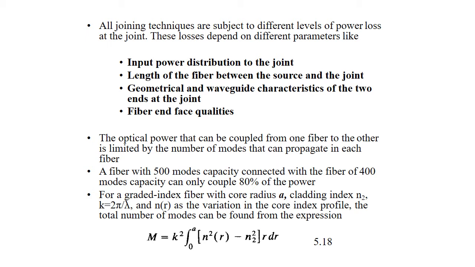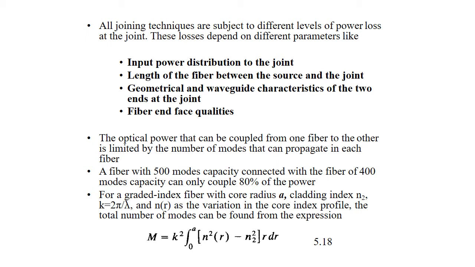These losses depend on different parameters like input power distribution at the joint, length of the fiber between the optical source and the joint, geometrical and waveguide characteristics of the two fiber ends at the joint, and fiber end face qualities. So the optical power coupled from one fiber to another is limited by the number of modes that can be propagated in each.